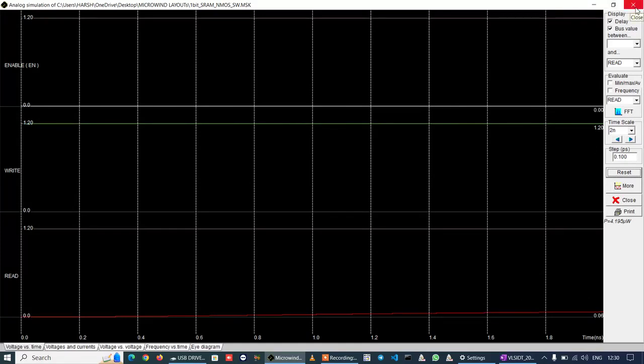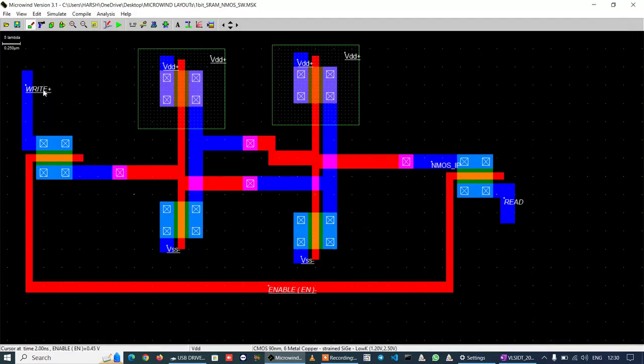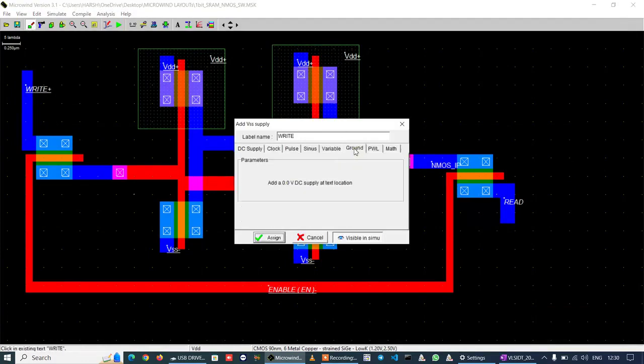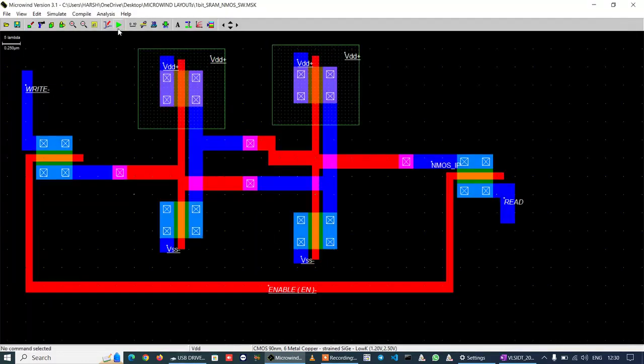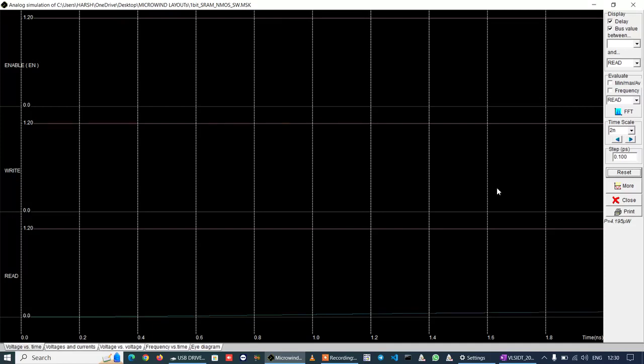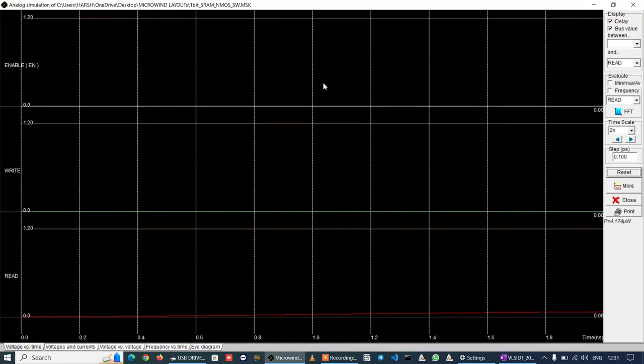Let us change the write to logic 0 and see if there is a change in the value of read. For enable equal to 0, write equal to 0, we see that there is no change in the value of the read line.